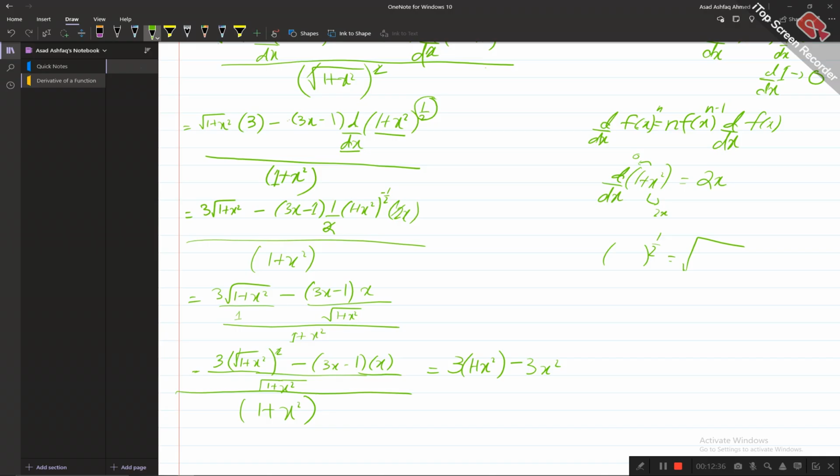Now this minus and this minus will give us plus x. And this is also in the denominator, so it will be multiplied by this, so it will be 1 plus x square into square root of 1 plus x square.